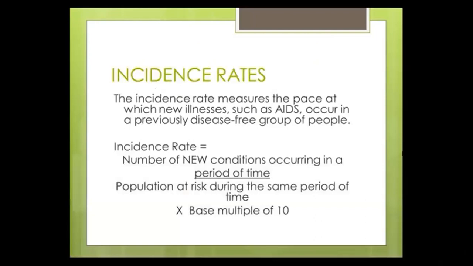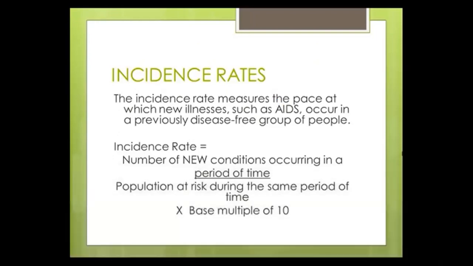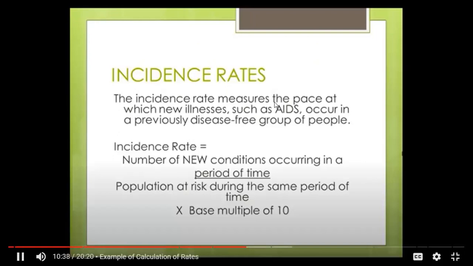Incidence rates measure the pace at which a new illness occurs in a previously disease-free group of people. So an incidence rate is calculated as the number of new conditions occurring in a period of time divided by the population at risk during the same period of time, multiplied by a base multiple of 10. So this is a measure of the probability that people without a certain condition will develop that condition over a period of time.